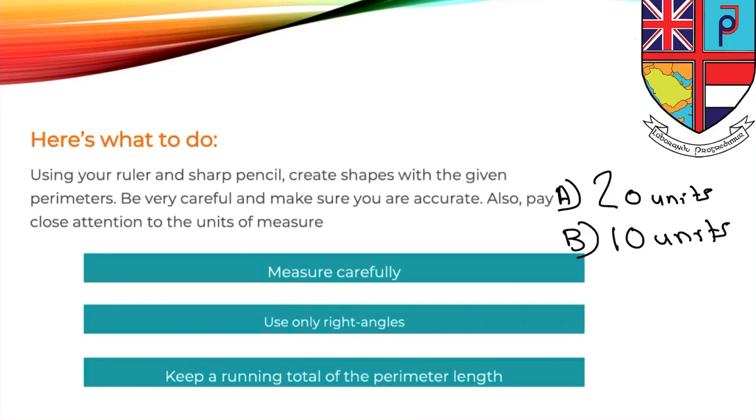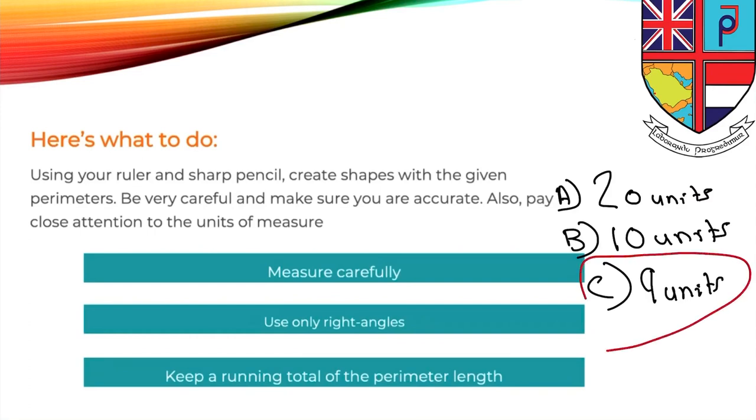Nice and easy. Okay, and C, I want you to pay special attention to C because what I'm going to ask you to do is draw one with 9 units. Okay, let's see how you get on with C because I'd like to know what you think of C.